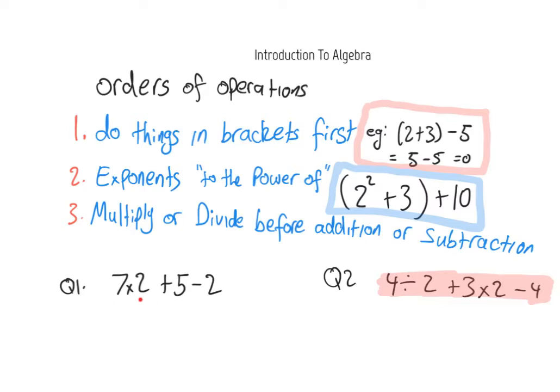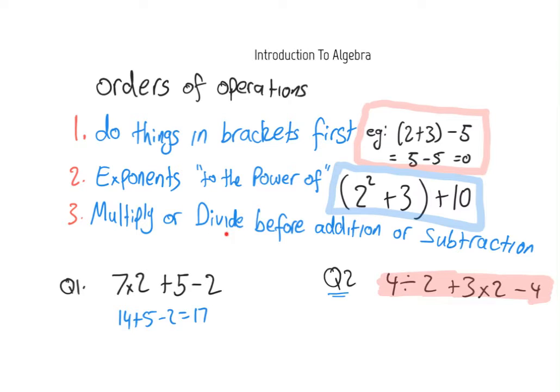So we need to multiply the numbers before any addition or subtraction. Therefore, we will do 7 times 2 first, which is 14, plus 5 minus 2, which equals 17. Okay, you guys can pause the video and slowly go through it. And if you're ready to move on, we can go to question 2.